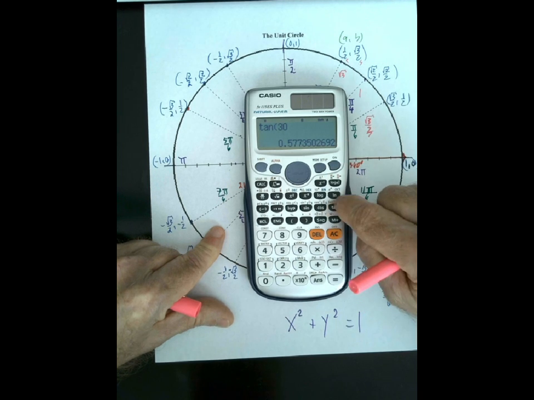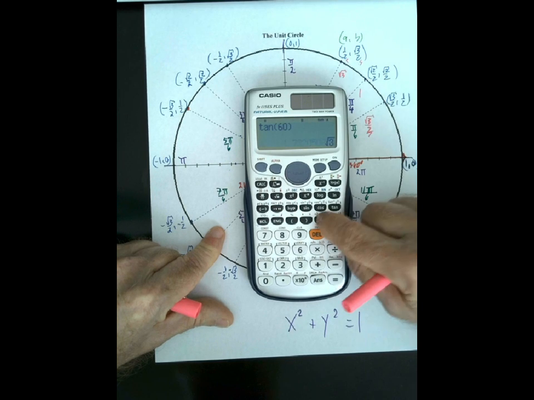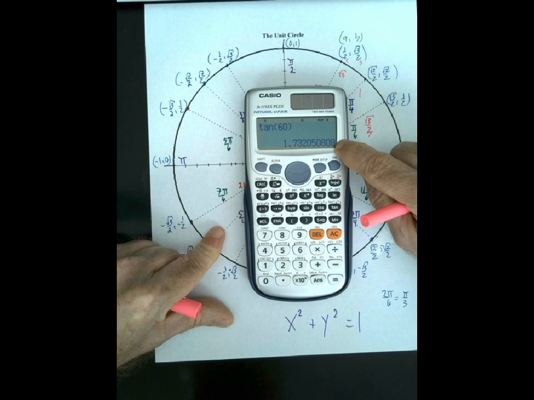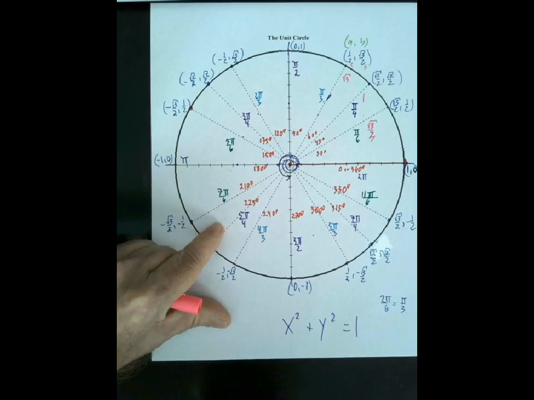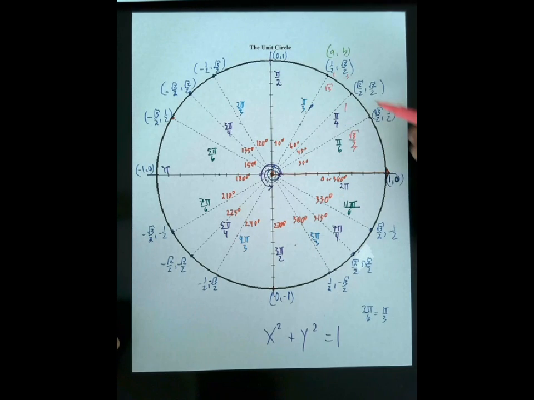And then tan 60 in decimal form is about 1.73. They're irrational numbers, they're infinite decimals, they keep going, so the easiest way to write them is in terms of these radical numbers here.